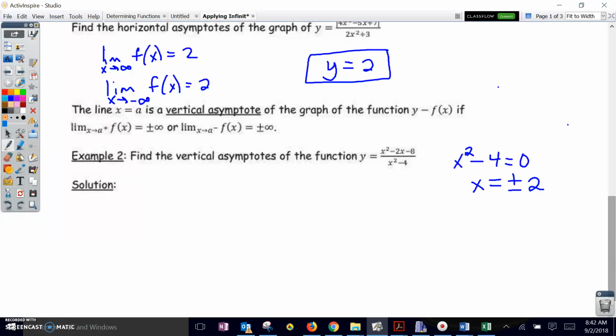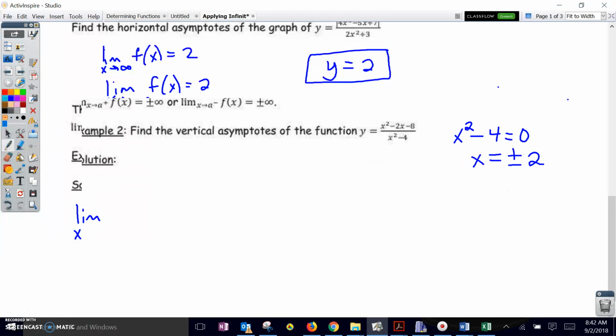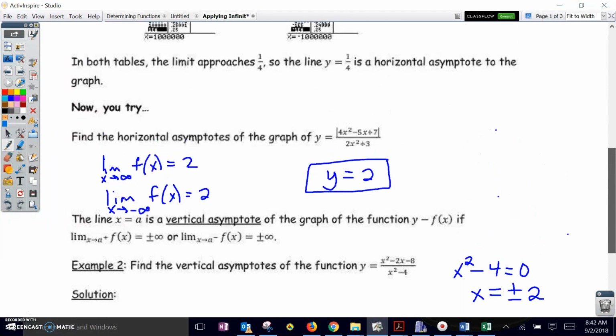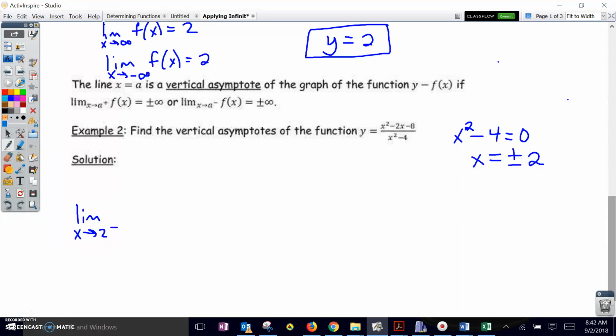But now I want to find out, do vertical asymptotes actually occur there? And I'm going to handle them one by one. I'm going to find the limit as x approaches 2 to the left of the function. And I'm going to find the limit as x approaches 2 to the right of the function.